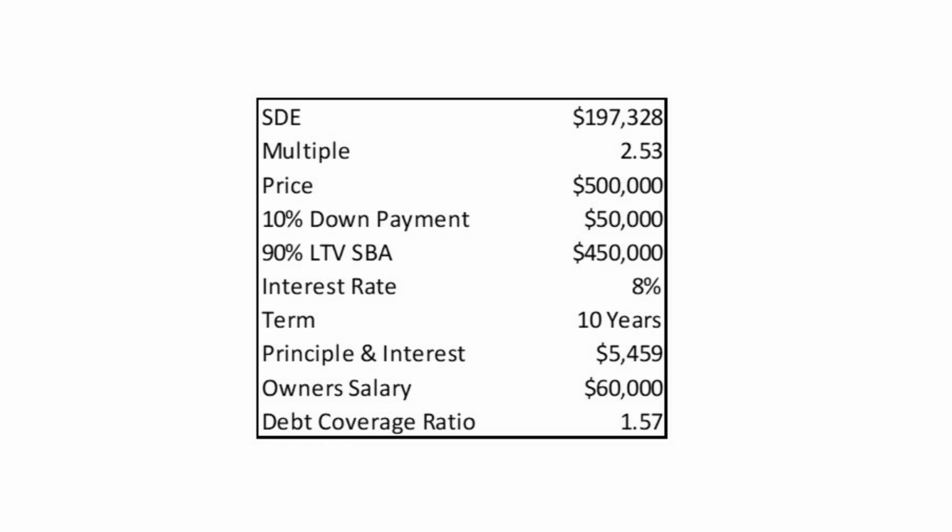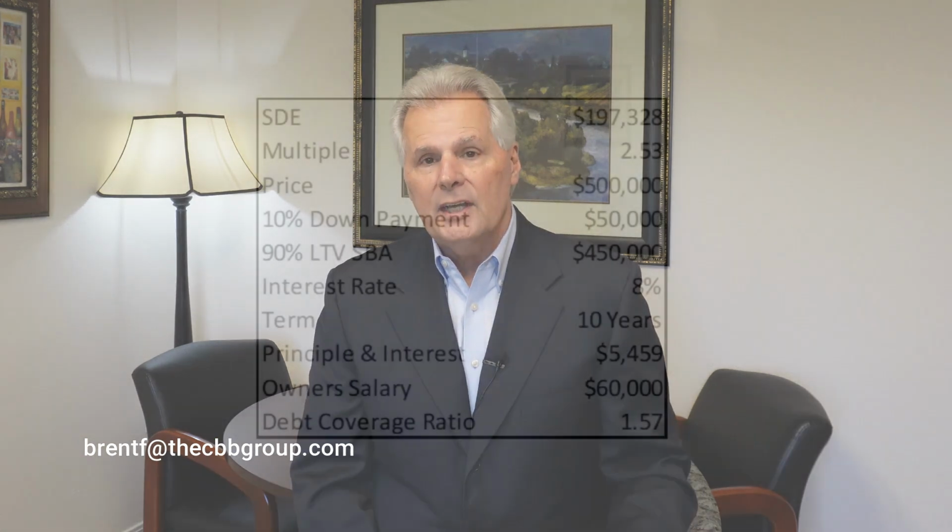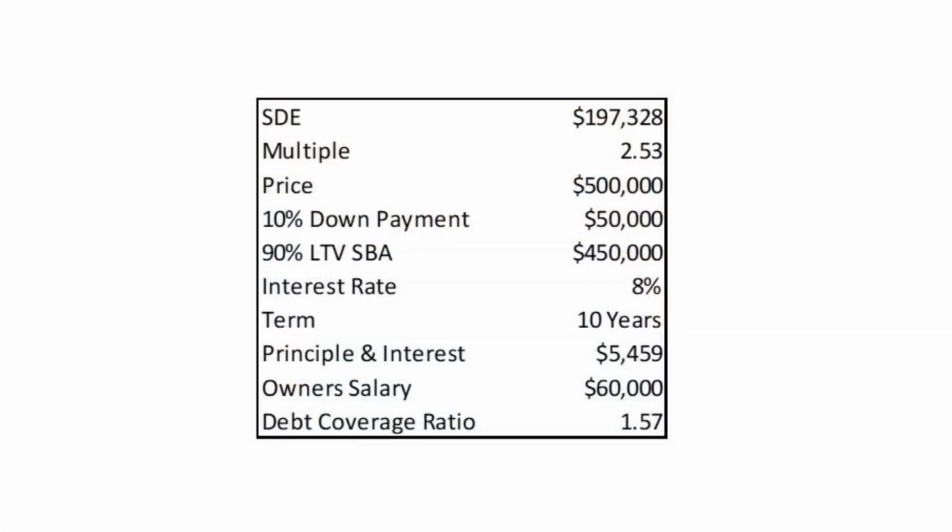The borrower was putting 10% down and financing $450,000 at 8% over 10 years with a principal and interest payment of $5,459, with an owner's compensation of $60,000. In essence, they were going to pay themselves $60,000 a year plus the profit from the company.